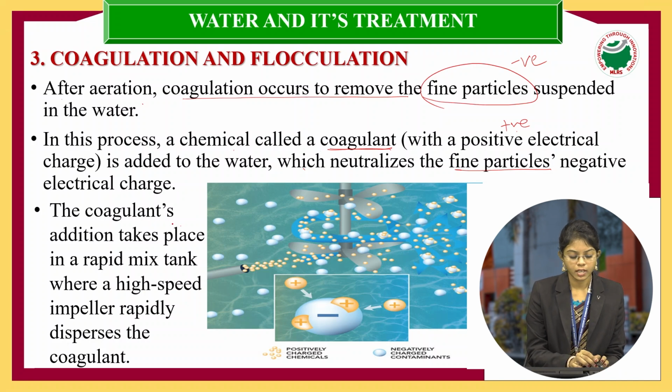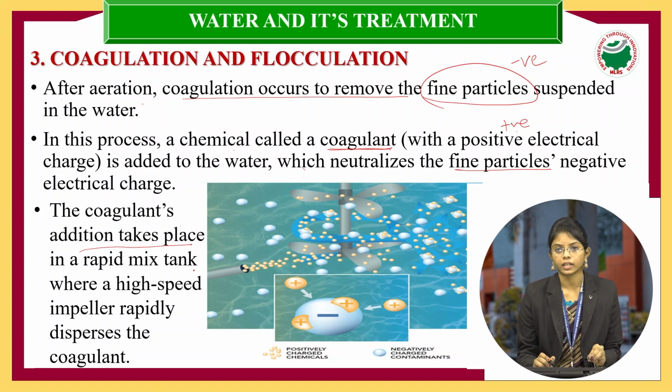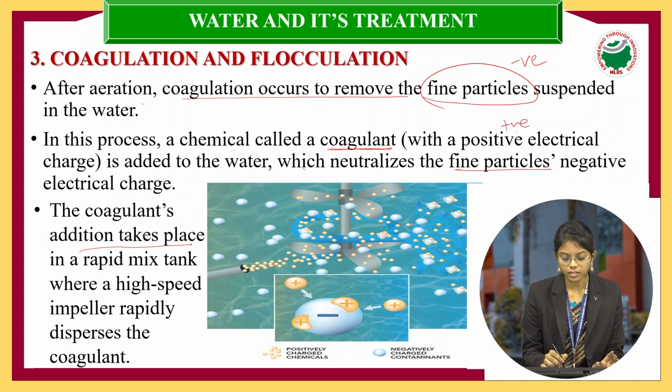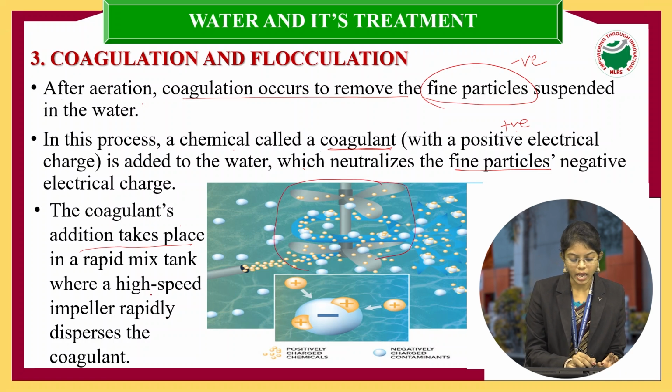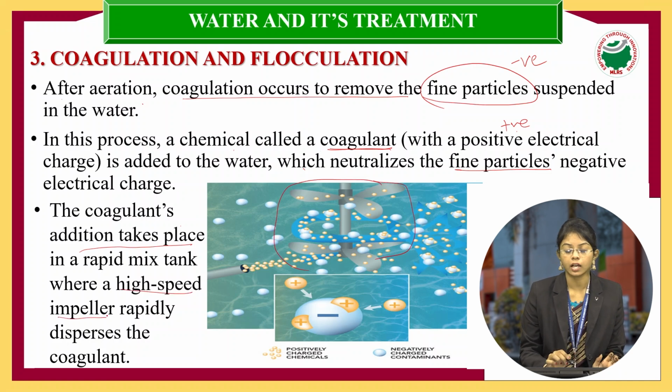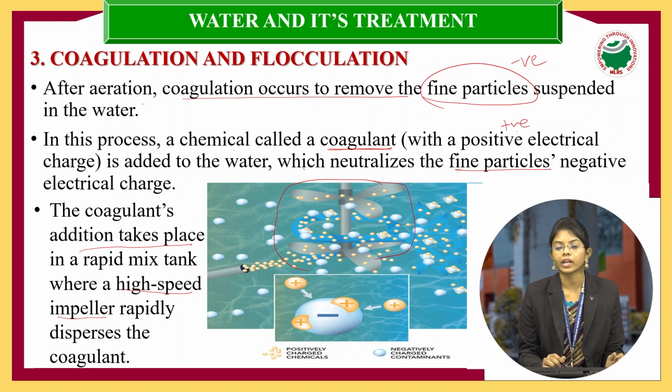The coagulant addition takes place in a rapid mix. When we add the coagulants to the water, a rapid mix takes place, as you can see in this picture. High speed impellers are used to mix the water rapidly so that the fine particles can be removed. This is your fine particle of negative charge.